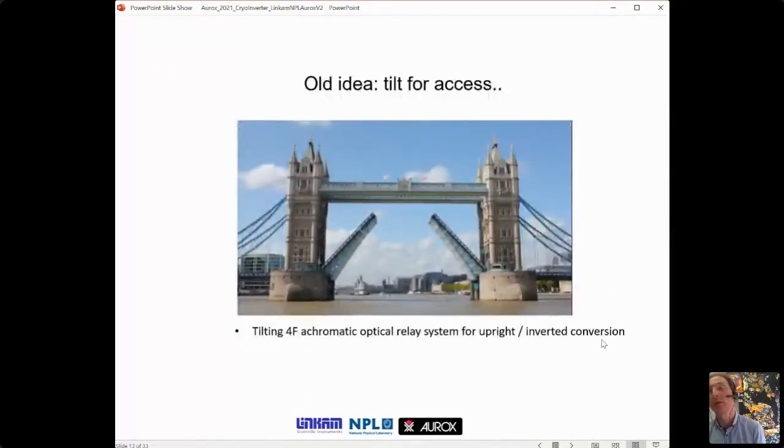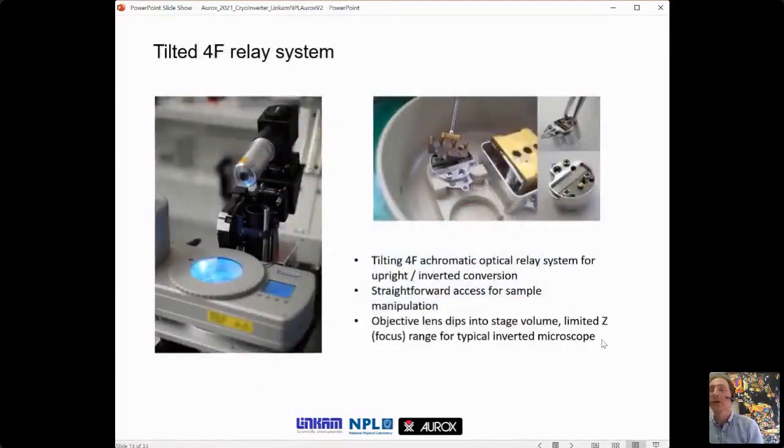The idea is you tilt things out of the way for simple access, and you need to image the pupil plane of the original microscope host system to match the new mounting position of the lens.